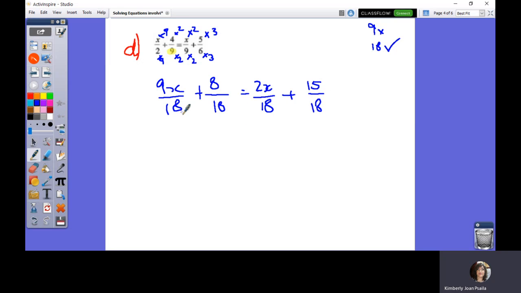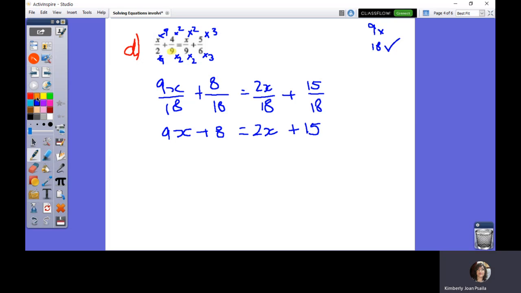Since we have changed the denominators all to 18, we can now remove them. So we can easily work out our equation. So we have 9x plus 8 is equal to 2x plus 15.